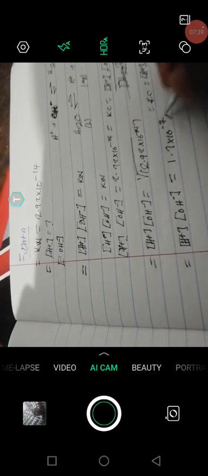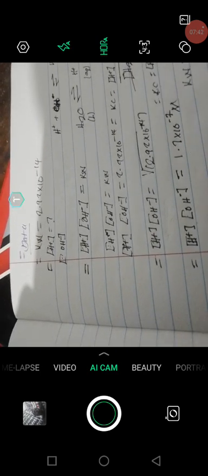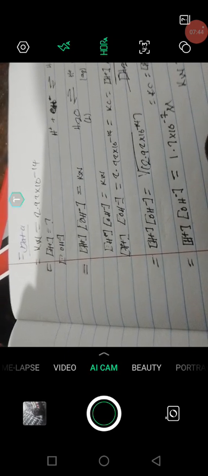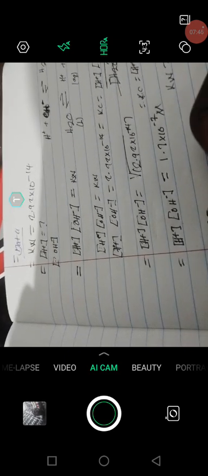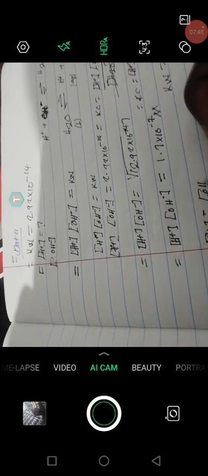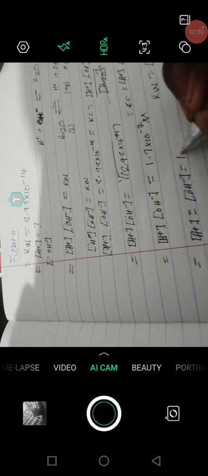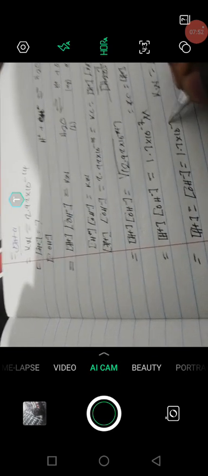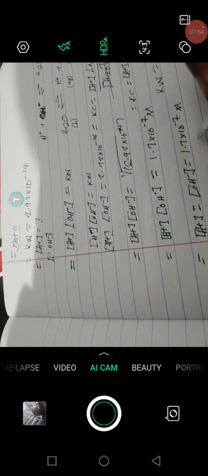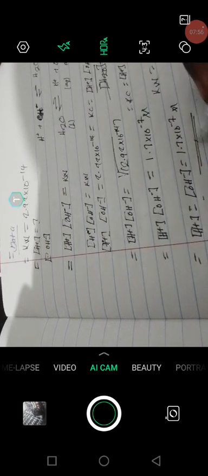Yeah, this is what? Molar. That's the concentration of them. So therefore, the concentration of hydrogen ion is equal to the concentration of hydroxide ion, which is equal to 1.7 times 10 exponential negative 7 molar. So finish.